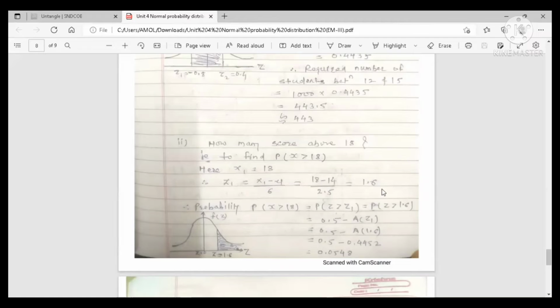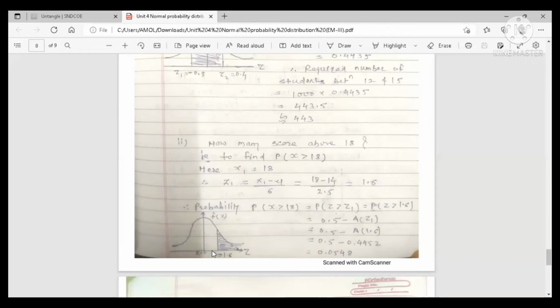We are going to find the probability of X greater than 18. It means you find the probability when Z is greater than Z1, because we have converted X1 in terms of Z1, and it is 1.6. 1.6 is a positive value, so if you draw the diagram, Z1 equal to 1.6 will lie on the right hand side of the normal distribution curve.